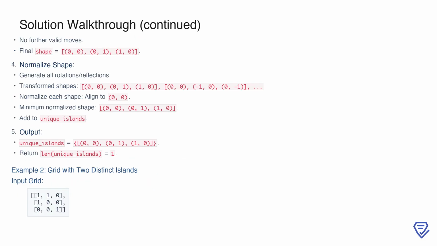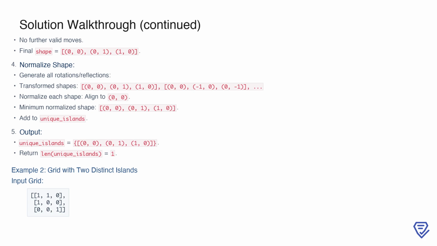Once we have the raw shape of the island, we proceed to normalize it. Normalization involves generating all possible rotations and reflections of the shape. For this example, we calculate transformations like 0, 0, 0, 1, 1, 0, 0, 0, minus 1, 0, 0, minus 1, and others. Each transformation is then normalized by aligning it to the origin, ensuring the minimum coordinate starts at 0, 0.